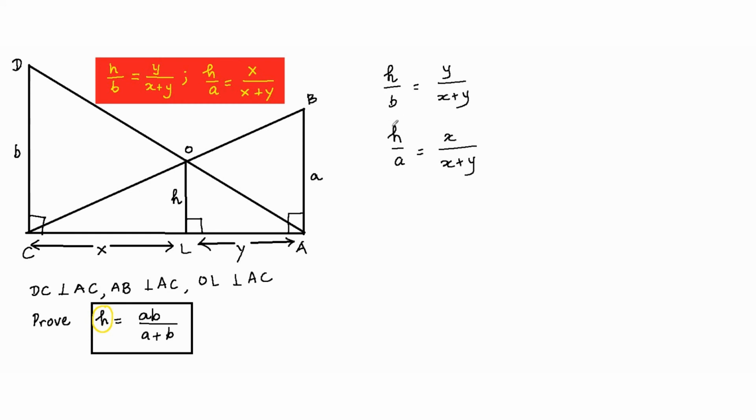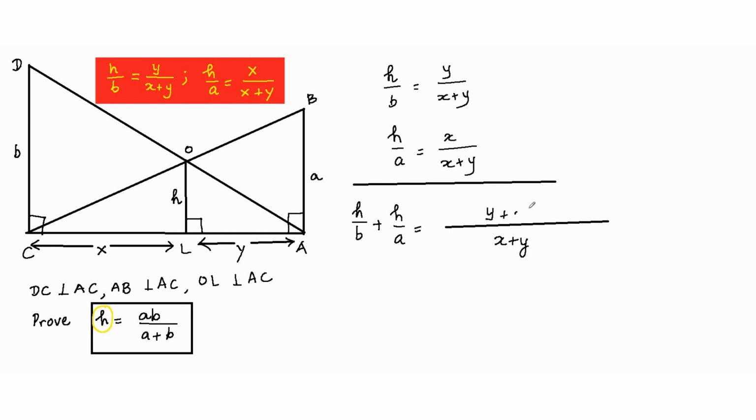I notice that if I add these two equations, something is going to happen to the right hand side. So if I do h upon b plus h upon a, what is the denominator? The denominator is x plus y. And the numerator will become y plus x.